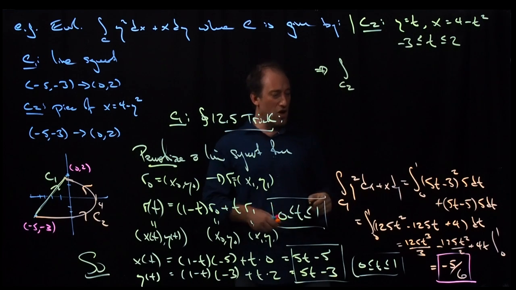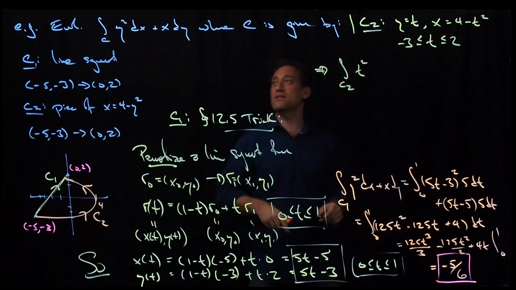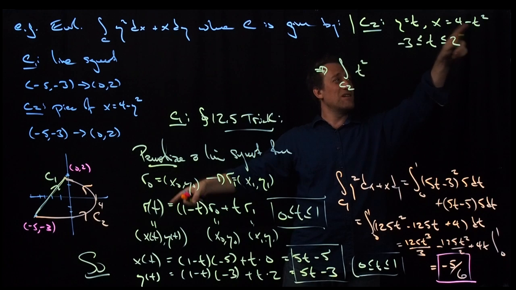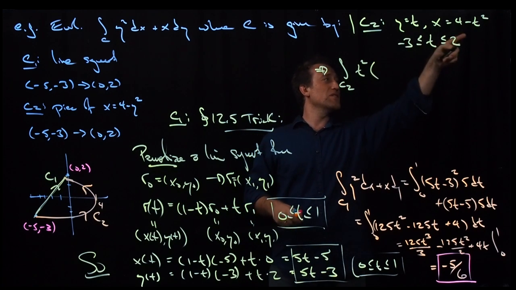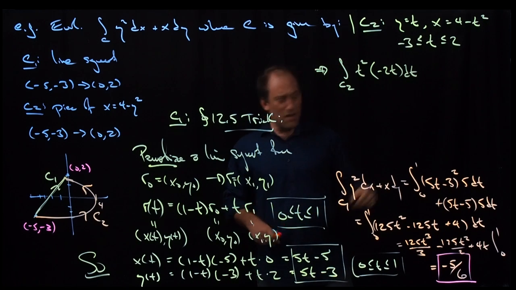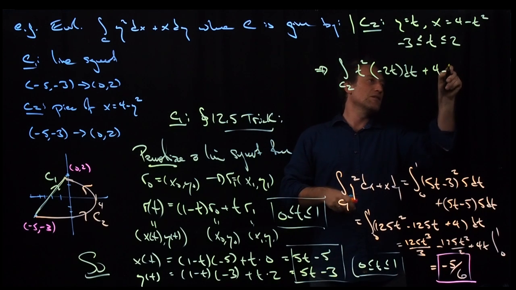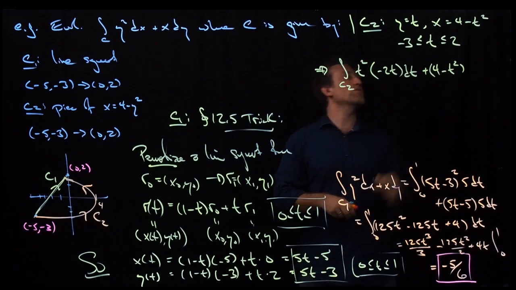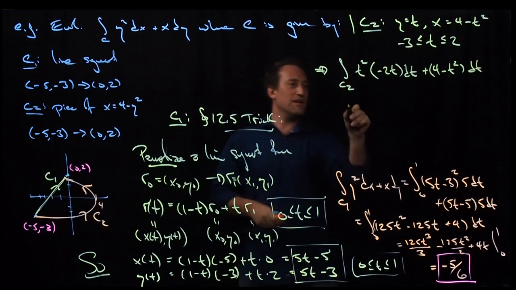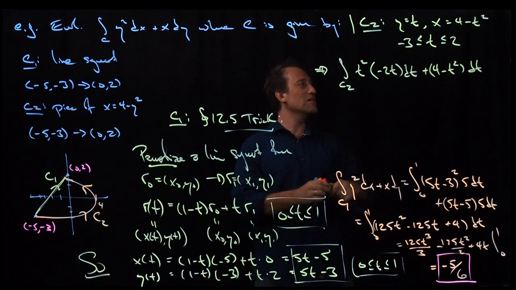All right, it's a bit more of an involved computation, but the principle is the same. Namely, the integral along C2 for y squared, I'll put in a t squared. dx will no longer just be a number. Instead, it will be the derivative of x here, a minus 2t dt. And then plus for the x, I'll put in the 4 minus t squared, and then dy dt. All right, again, this is probably not the most interesting integral.